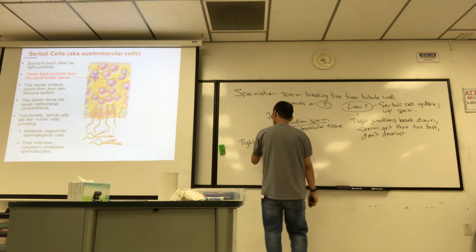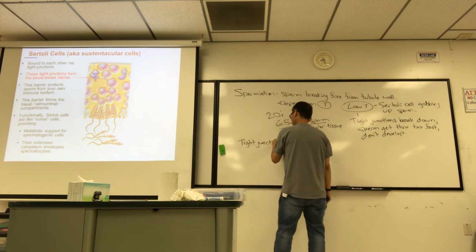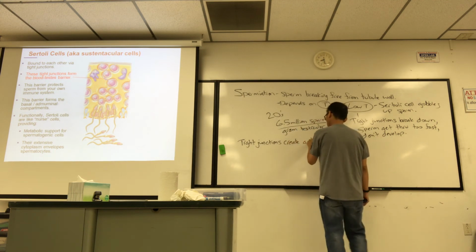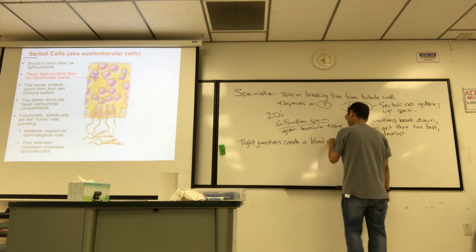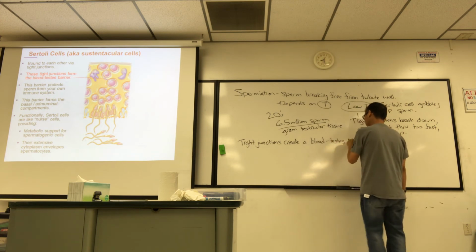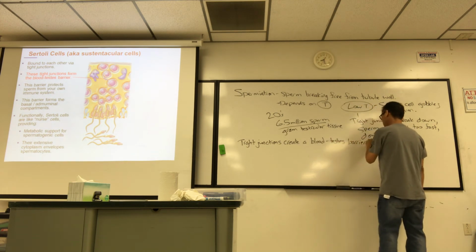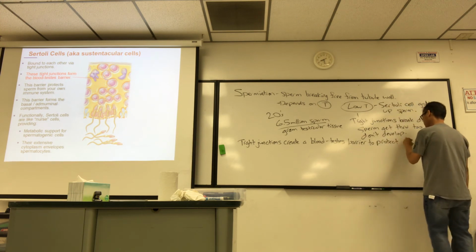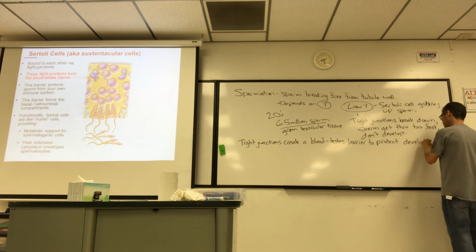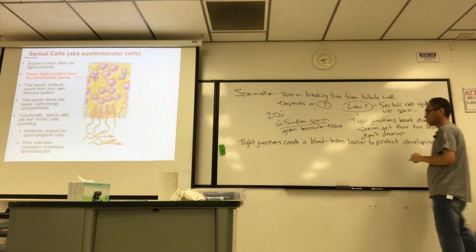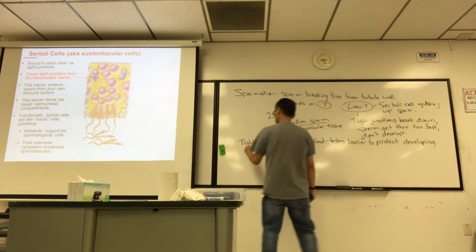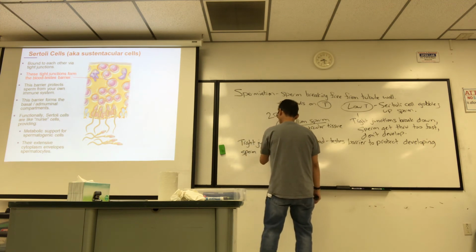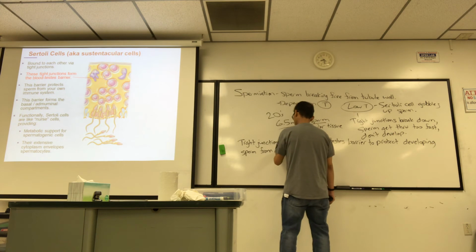Tight junctions create a blood-testis barrier to protect developing sperm from immunoglobulins.